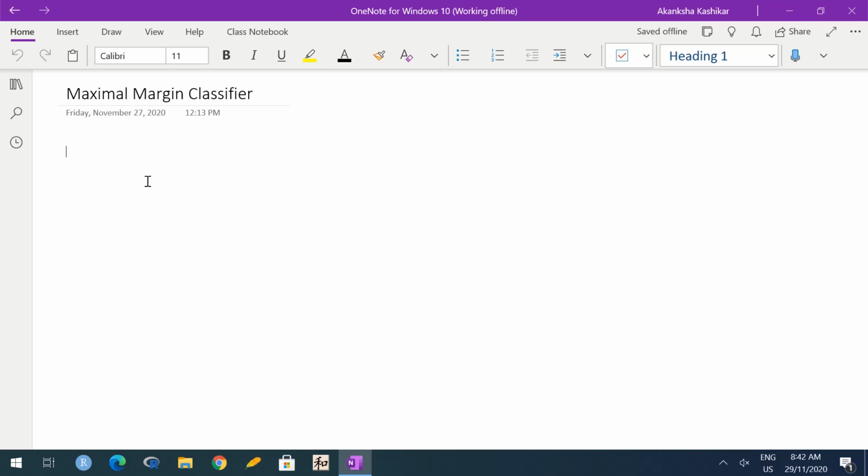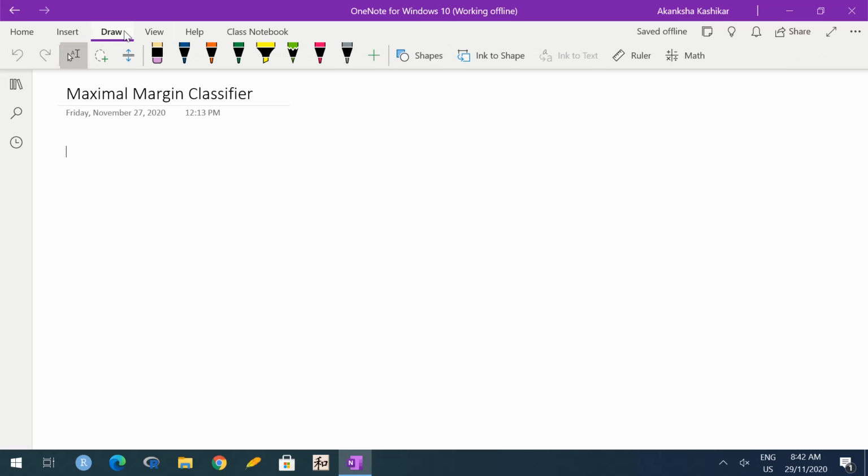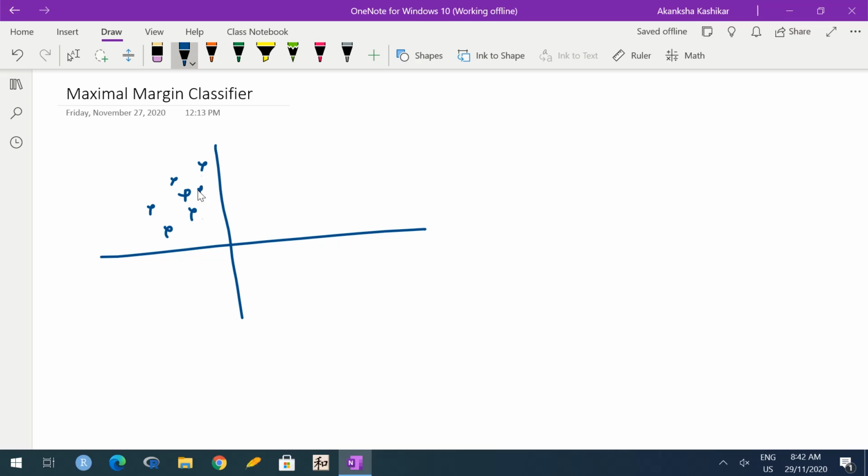For the sake of convenience, let me assume that we have bivariate data, and so we have two classes. Let me represent that data by the scatter plot. Suppose these are observations coming from first class, and then we have few observations coming from second class. Now after looking at this picture, what are the things that you observe?